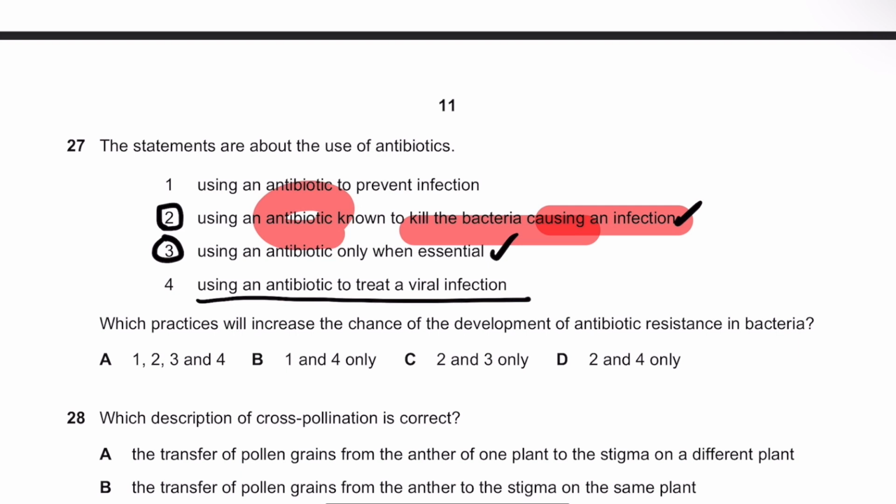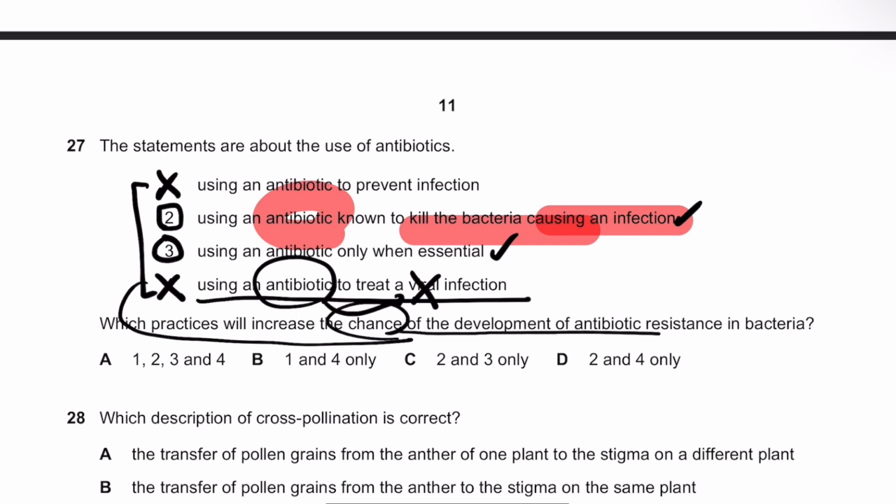No, antibiotics only work on bacteria, not on virus, never. So 4 and 1 are big no-nos because they will increase the chance of development of antibiotic resistance in bacteria. Hence, the answer should be B, 1 and 4 only. Okay?